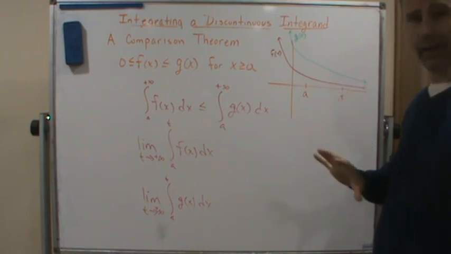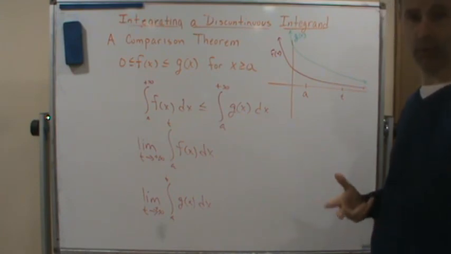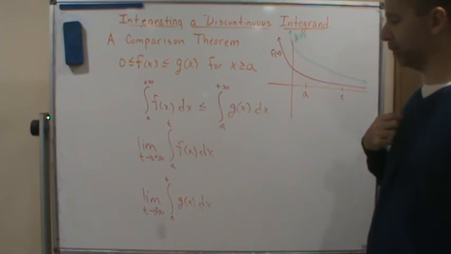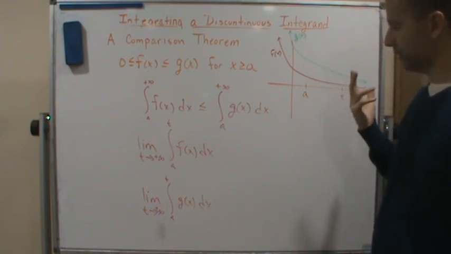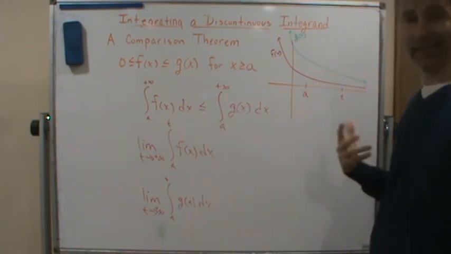And therein lies the theorem that we're going to discuss next. That's the comparison theorem. It's a way to compare. Now, we're not going to be able to evaluate convergent functions to get an exact answer.